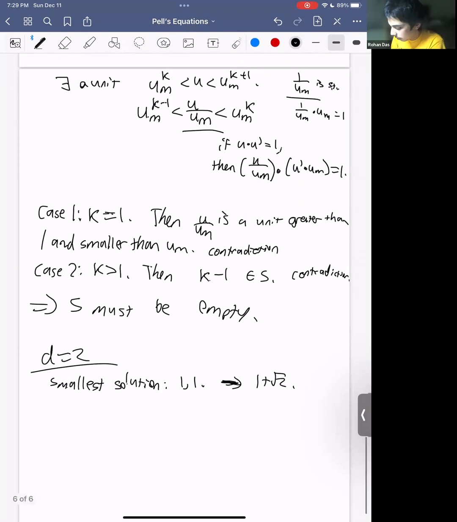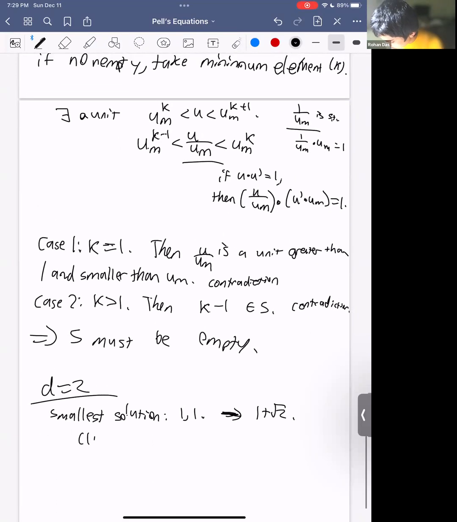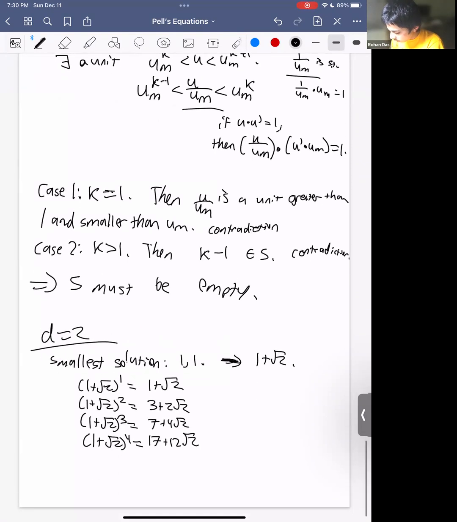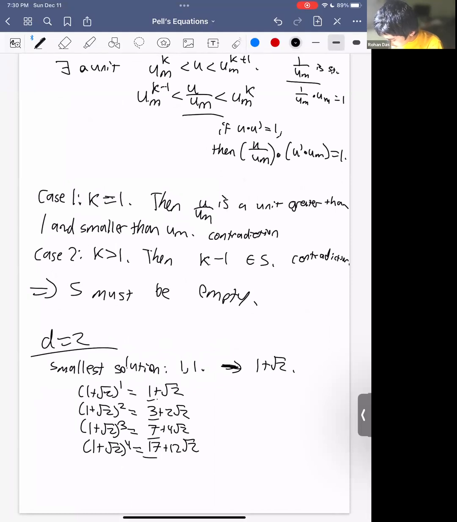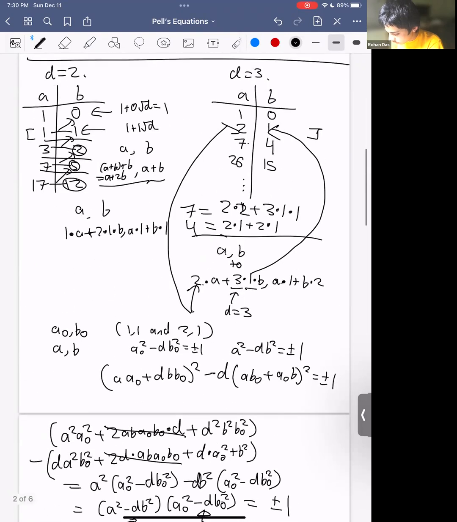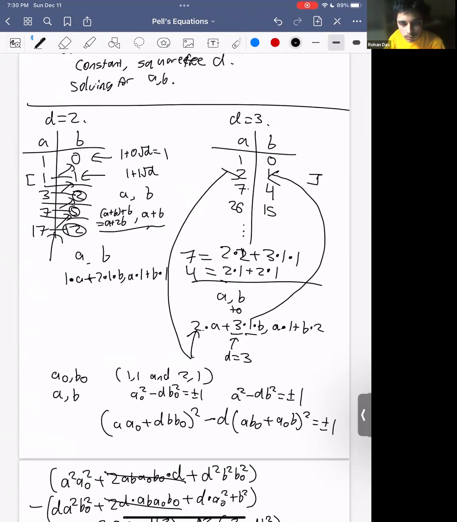Now we look at the powers of 1 plus square root of 2. 1 plus square root of 2 to the 1 equals 1 plus square root of 2. 1 plus square root of 2 squared equals 3 plus 2 square root of 2. 1 plus square root of 2 cubed is equal to 7 plus 4 square root of 2. 1 plus square root of 2 to the 4 is equal to 17 plus 12 square root of 2. And we consider these numbers, and there's an implied 1 over here, and these numbers. And if we go back to the table we computed at the start, they're the same numbers as here.